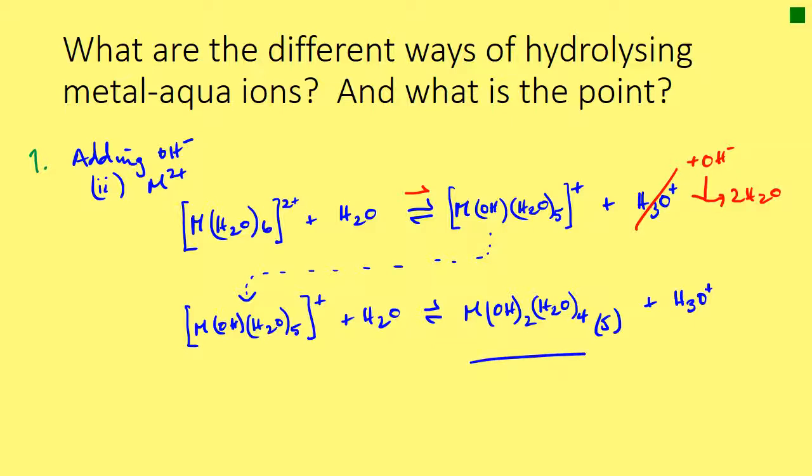So this is our solid precipitate, and this would have a distinctive colour, one colour if it's a copper 2+, and a different colour if it's an iron 2+.